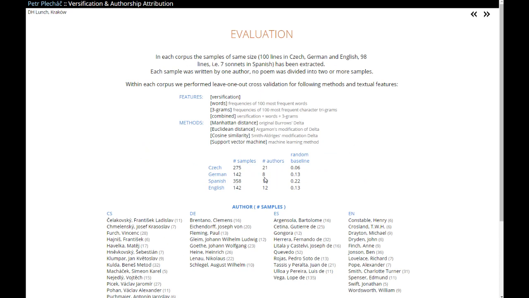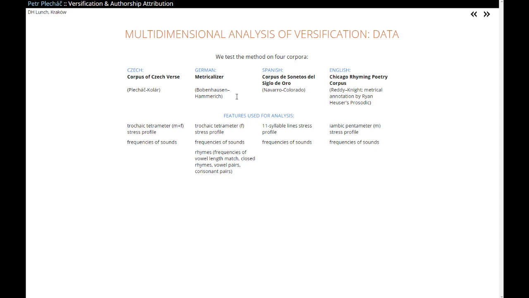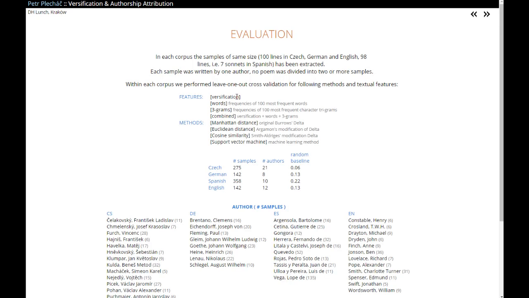Yeah, with the words and trigrams, it was some 100. And with the versification, it differs. So the combined vector was about 300, 350 something. Up to 300. Yeah. Once again, I don't want to generalize the better performance of support vector machines, because I believe it also depends on the setting of samples.